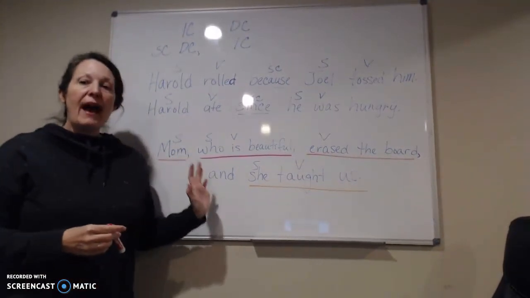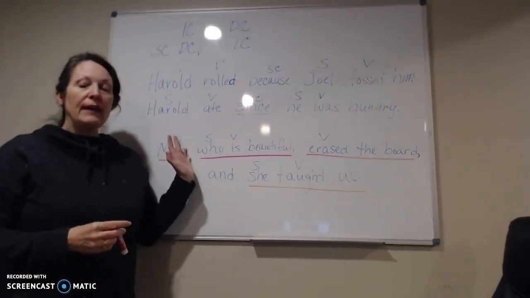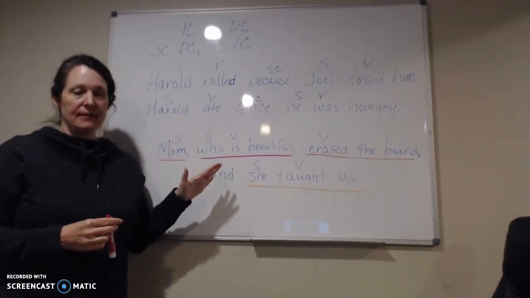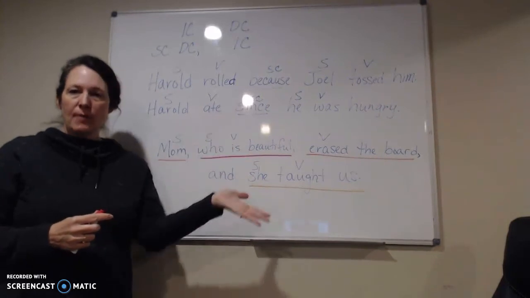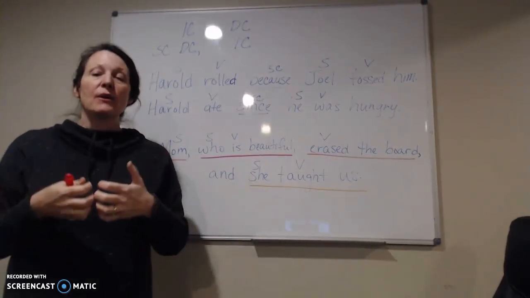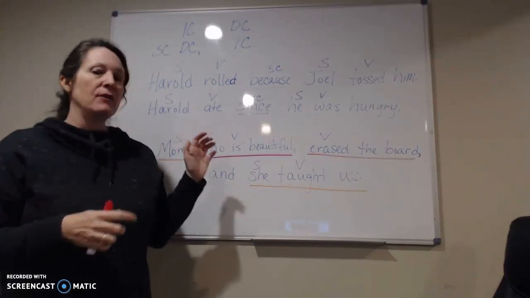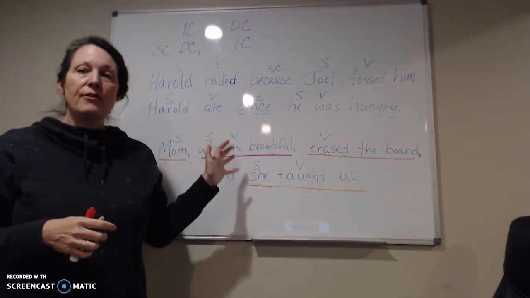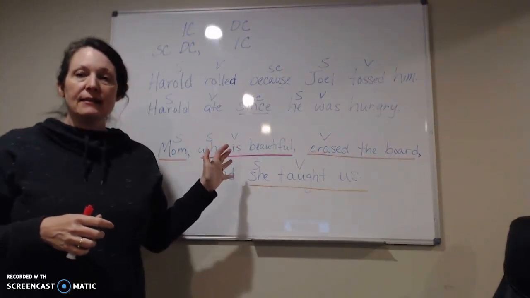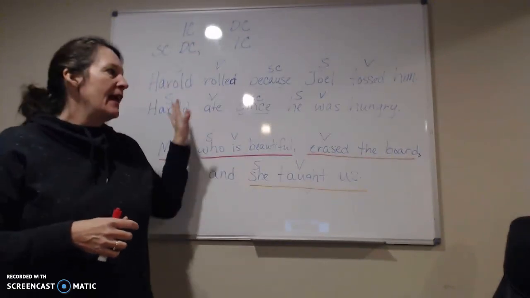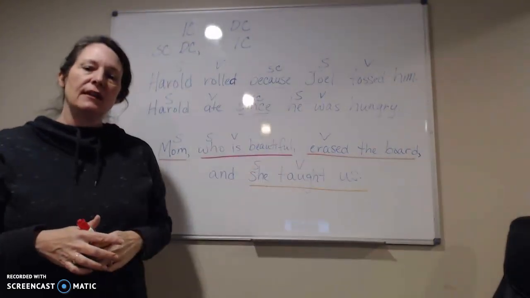Okay, so that is how we get to a compound complex sentence. We're going to just take what we know about compound sentences, what we know about complex sentences, combine them, and then we have compound complex. In our next video, we are going to walk through an ATS sentence, the analytical task for a sentence, and go ahead and look at this in a little more detail.